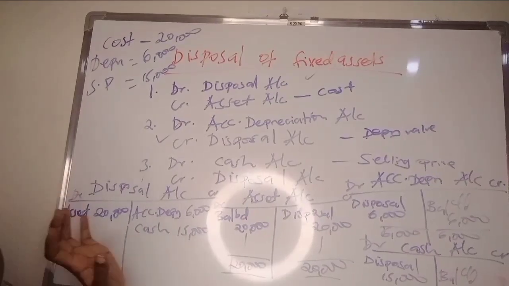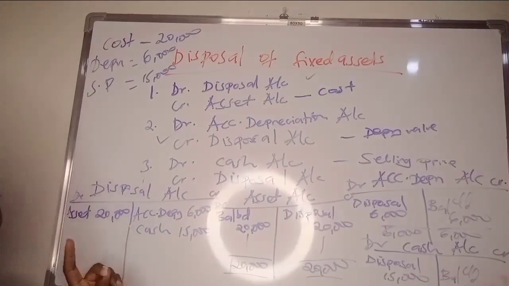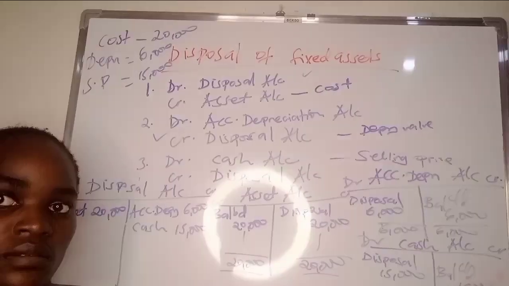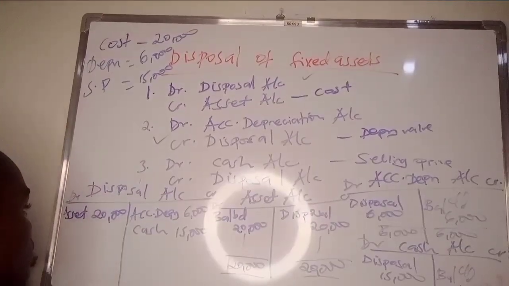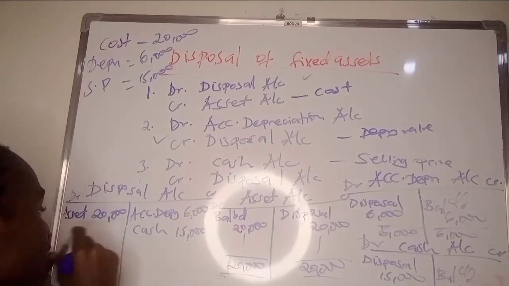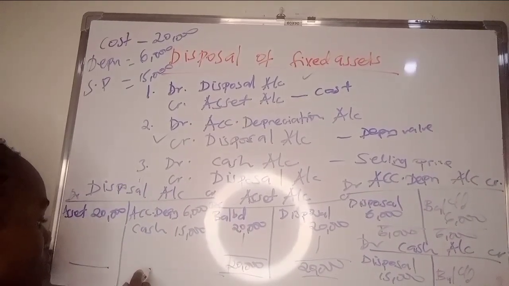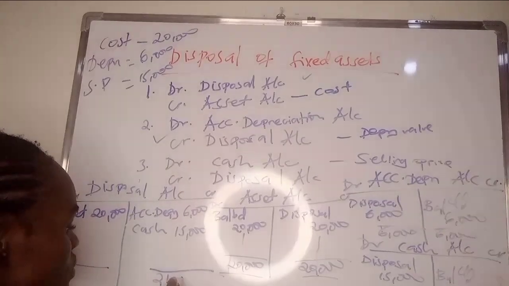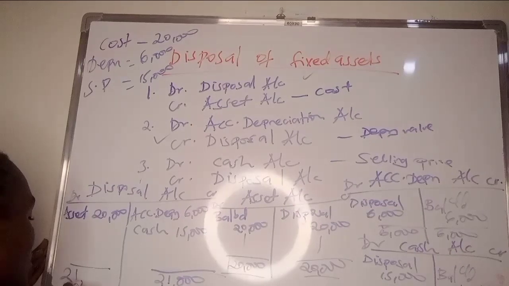Then for the disposal account, we compare to see which side is greater. This plus this is 21,000, and this side is 20,000. So we write 21,000 on both sides.